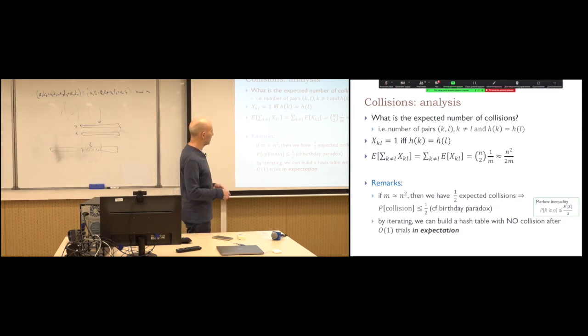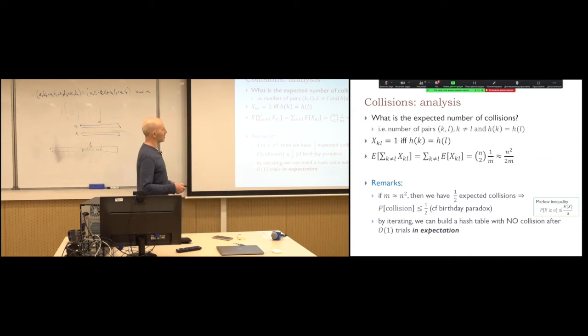Since the probability of having a collision will decrease exponentially with the number of trials, with the number of rounds, then in a constant number of rounds in expectation, we will reach a desired situation where we have no collisions. Okay? And this we will use.